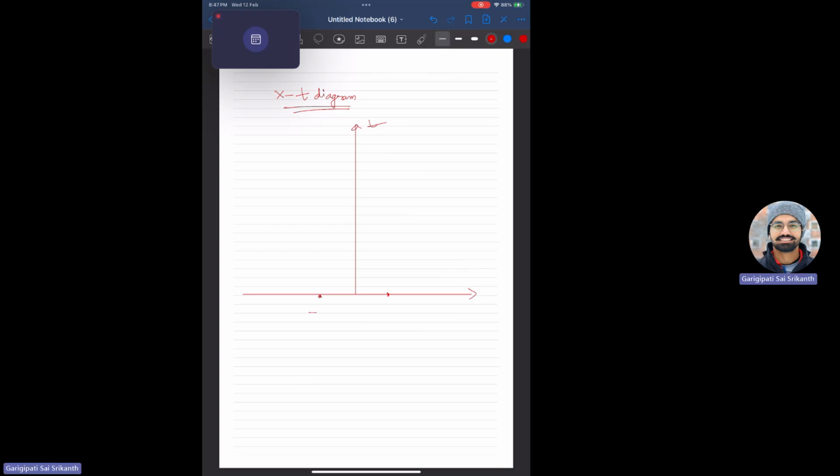So originally it was from minus a to a, and we know that you can divide it into two parts. One was going forward, one was going backward. So the forward going wave, of course, goes forward.